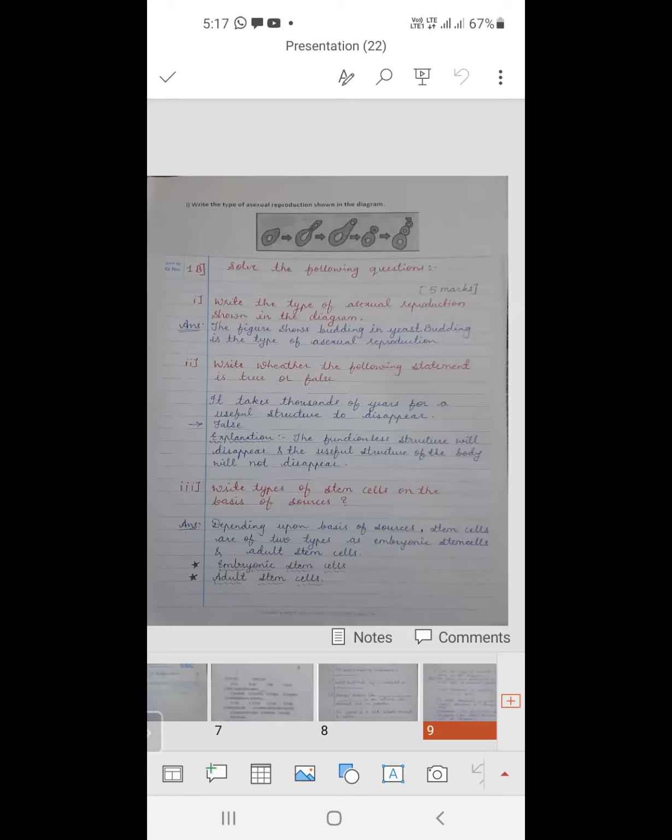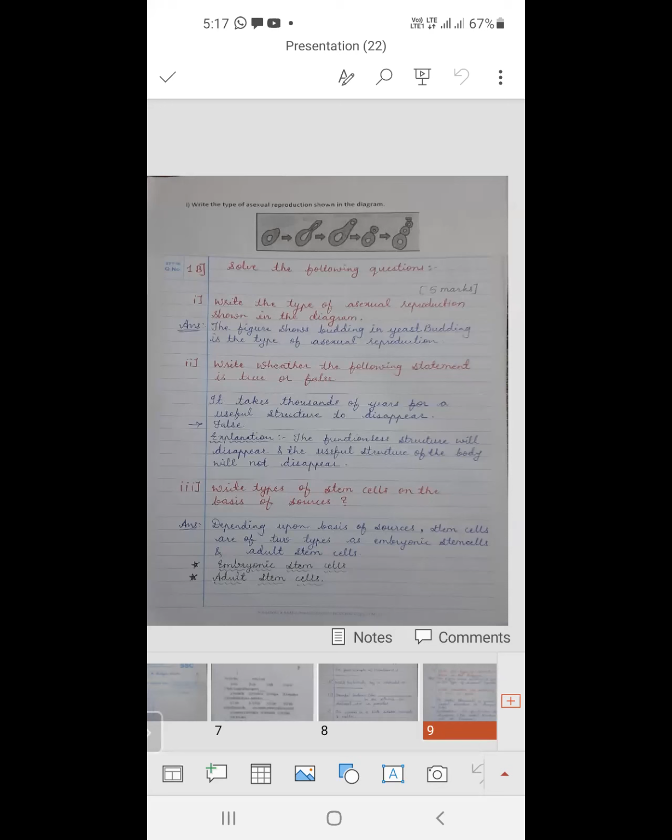The next question is, write whether the following statement is true or false. Which statement is given here? It takes thousands of years for a useful structure to disappear. After reading this statement, is there any possibility of a useful structure disappearing?